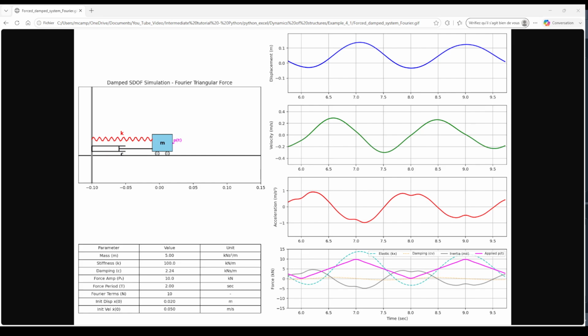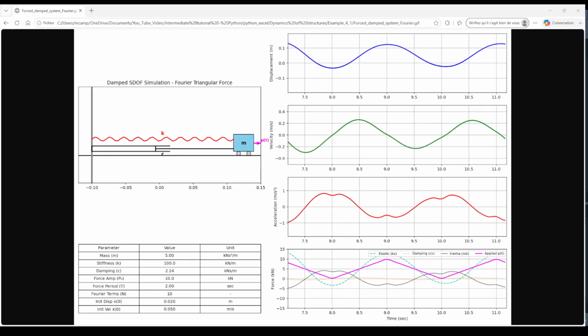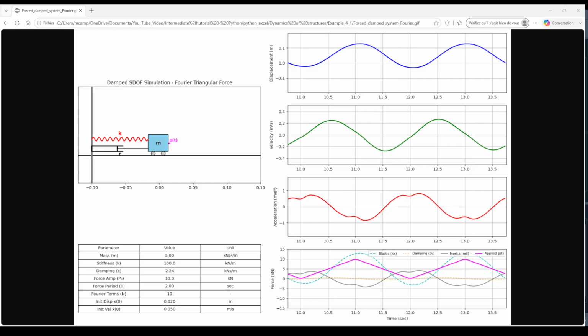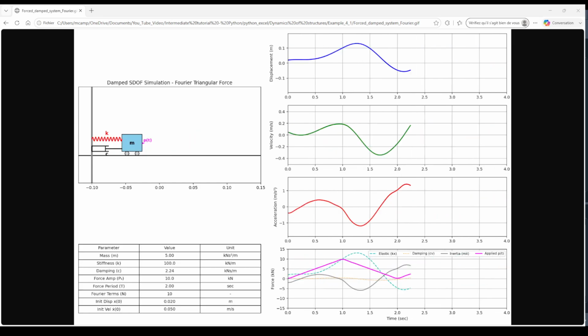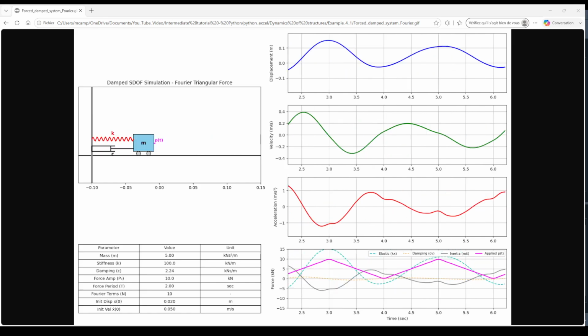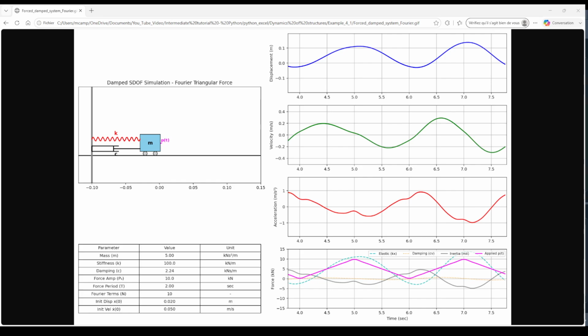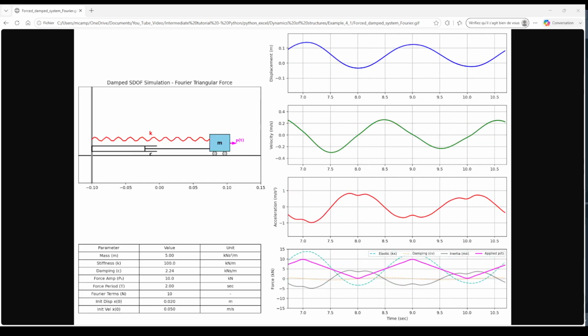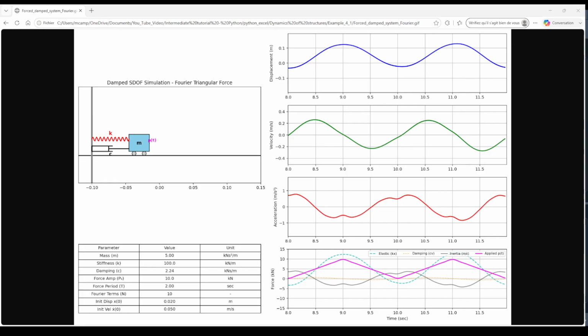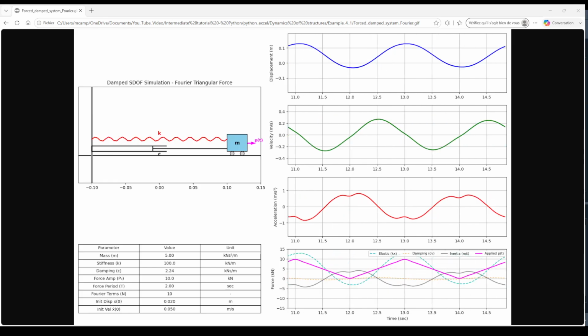Here there is the table with the input values: the mass is 5 kilonewton second squared per meter, the stiffness is 100 kilonewton per meter, and the damping coefficient is equal to 2.24 kilonewton second per meter.